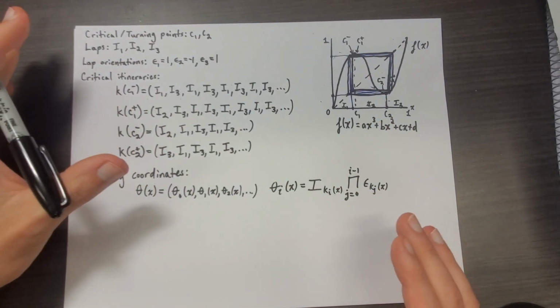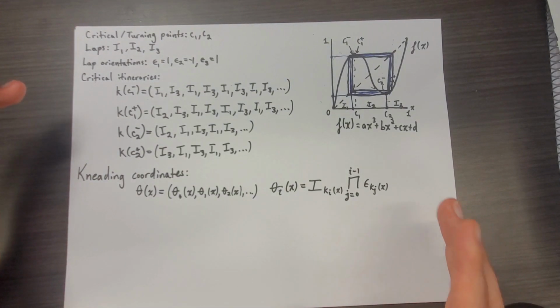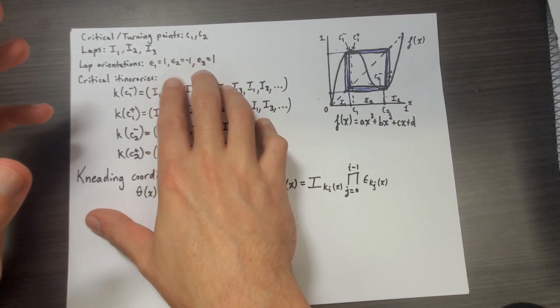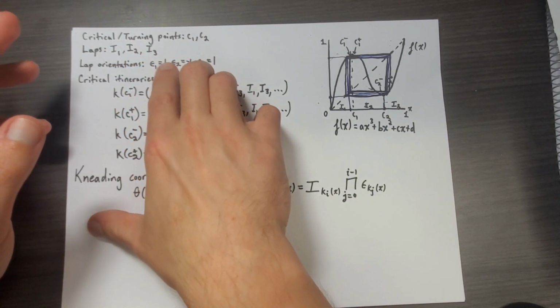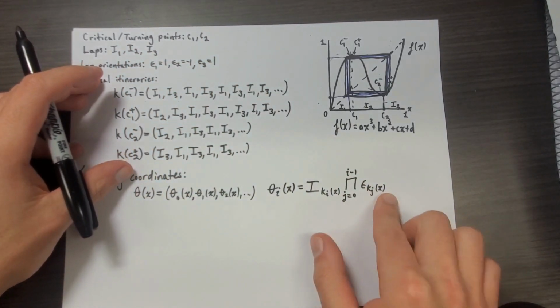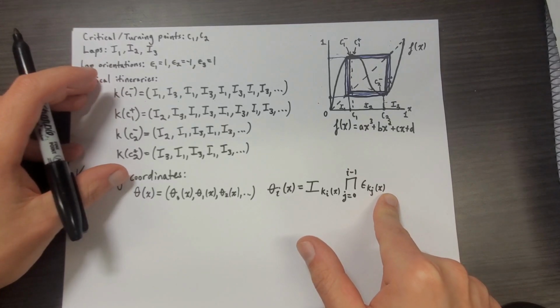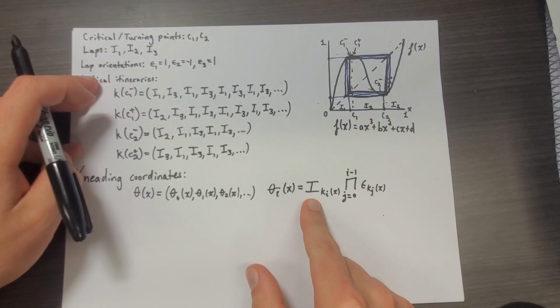So what this is going to do functionally for us is we're just going to keep track of whether we hit an orientation reversing lap like lap 2, which has epsilon 2 being -1. And those negative ones are going to accumulate here. And we're just going to flip the sign of the laps that we write down every time.